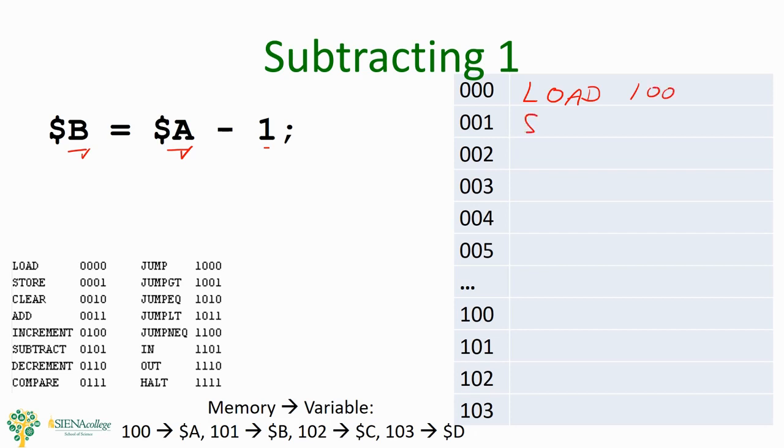Putting it into B is store 101 for B. And lastly, we're going to decrement B, 101. These three lines of assembly code are the equivalent of this. Load A, store A into B, and lastly decrement B.